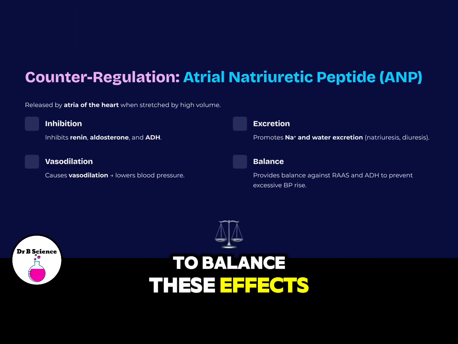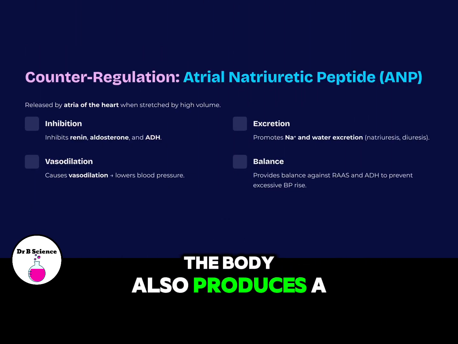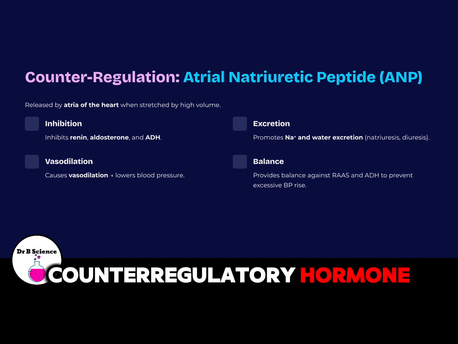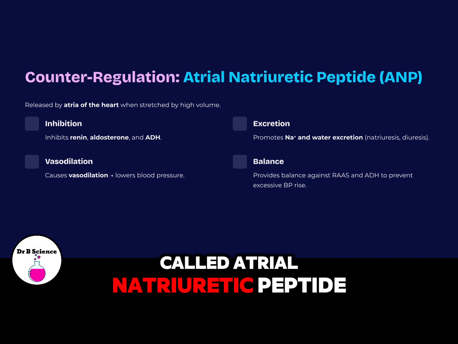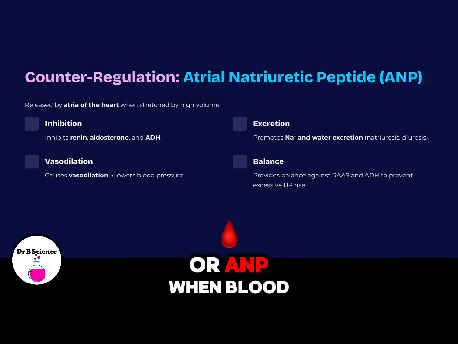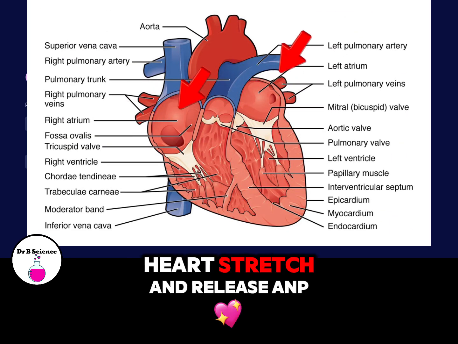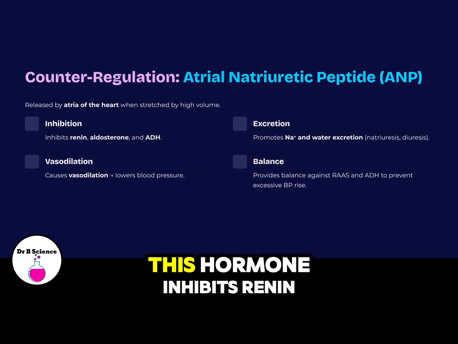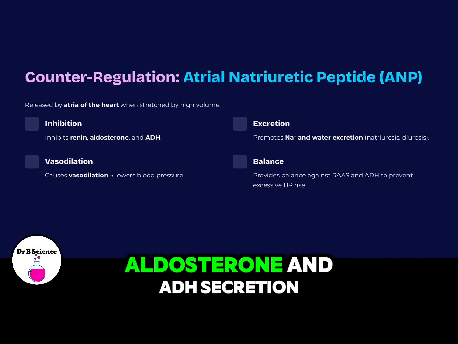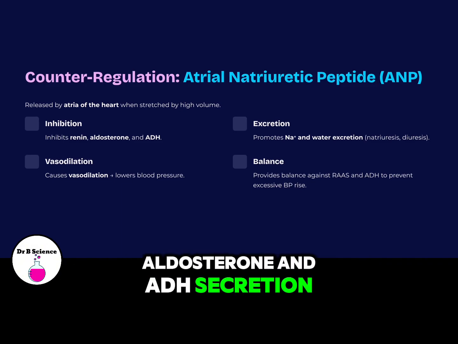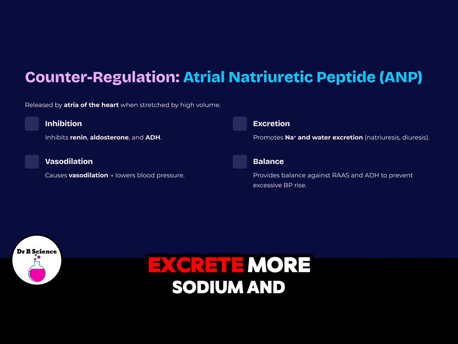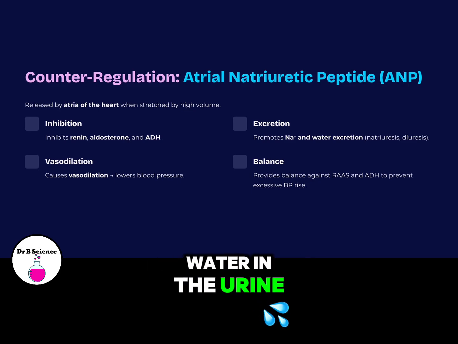To balance these effects, the body also produces a counter-regulatory hormone called atrial natriuretic peptide, or ANP. When blood pressure becomes too high, the atria of the heart stretch and release ANP. This hormone inhibits renin, aldosterone, and ADH secretion, causing the kidneys to excrete more sodium and water in the urine.